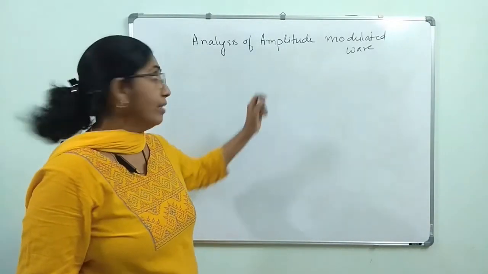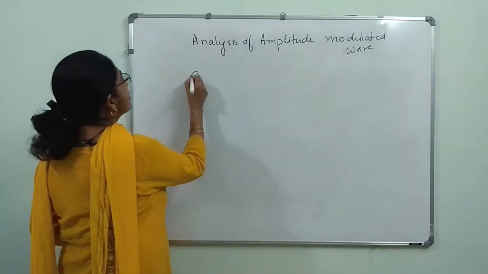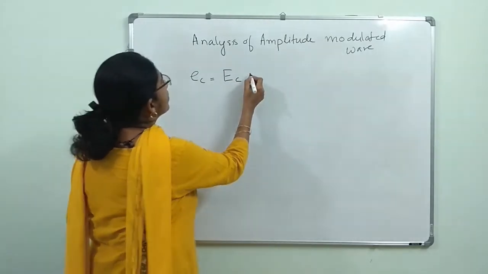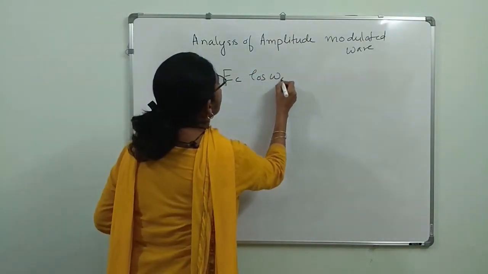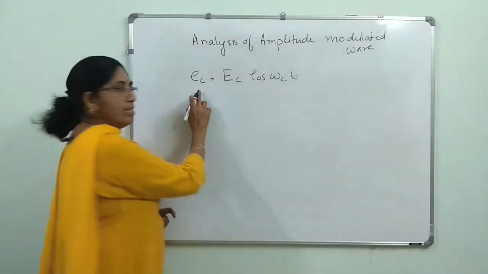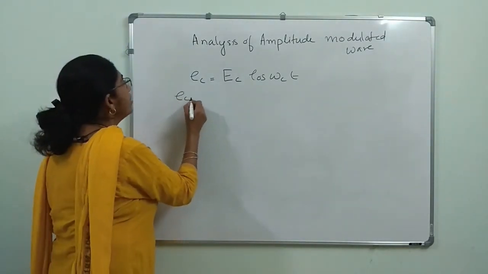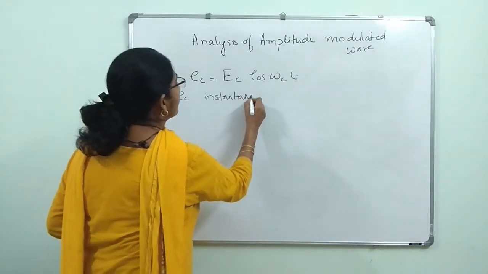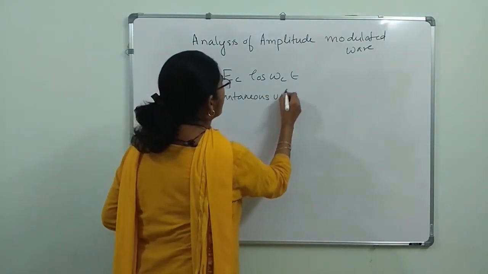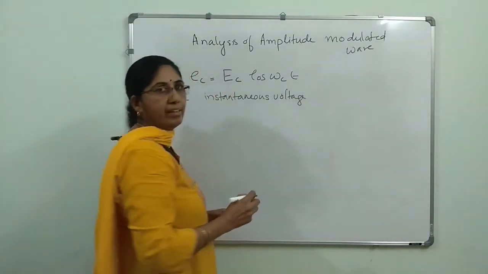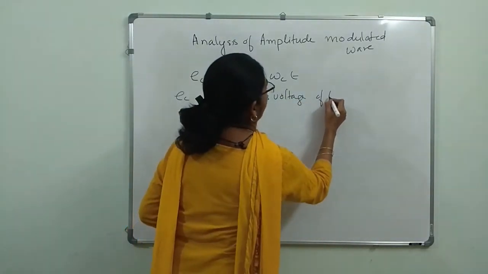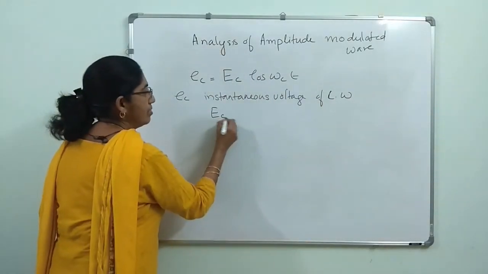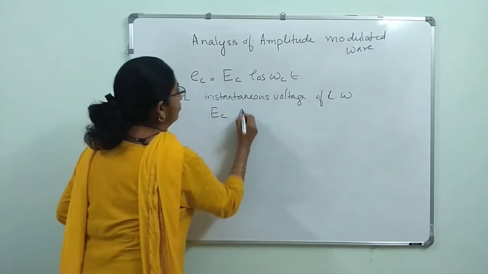So we can write down the carrier wave as ec is equal to EC cos omega c t, where ec is the instantaneous voltage of the carrier wave, and EC is the amplitude of the carrier wave.